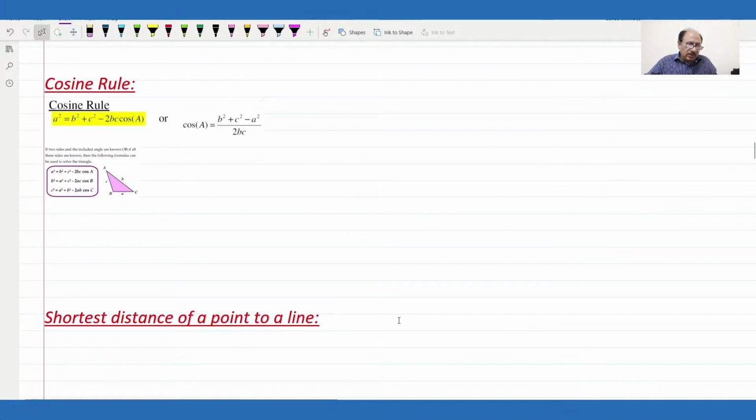And next is the cosine rule. The cosine rule is a ratio between the sides.